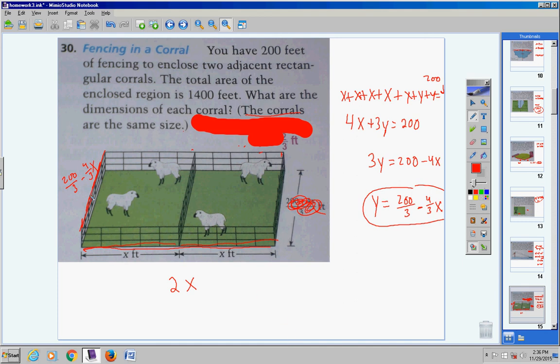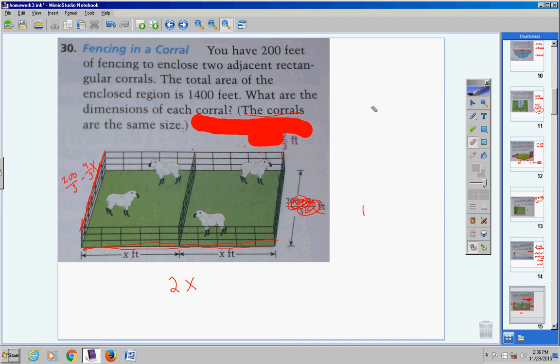Now I like this a lot better than y because it has an x in it. Now that I have everything written in terms of x, I'm ready to solve for x. Got it? Now watch carefully how I do this. I know the area of this entire huge region from here all the way over to here is 1,400 feet. So I know if I take length times width, it equals area.